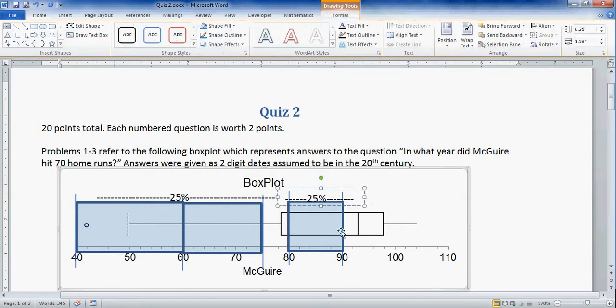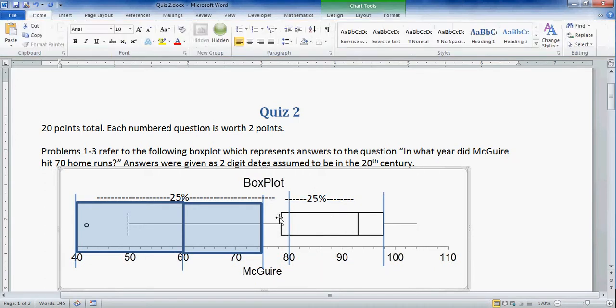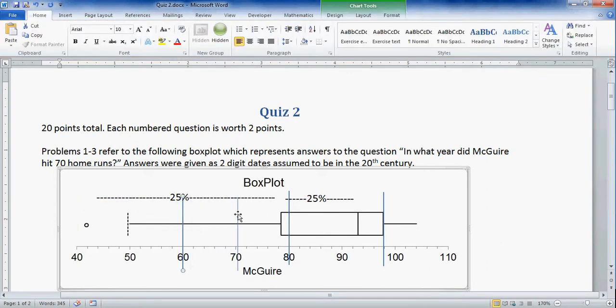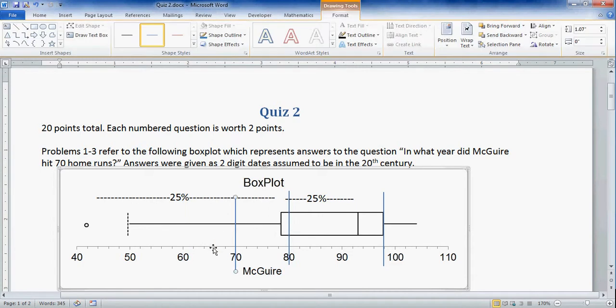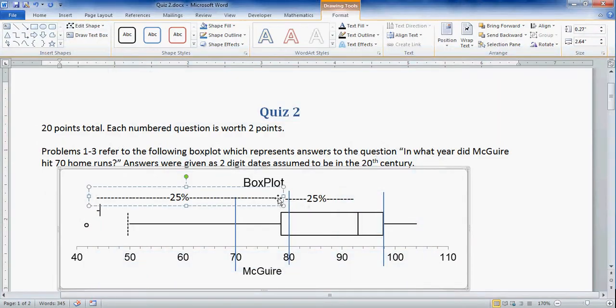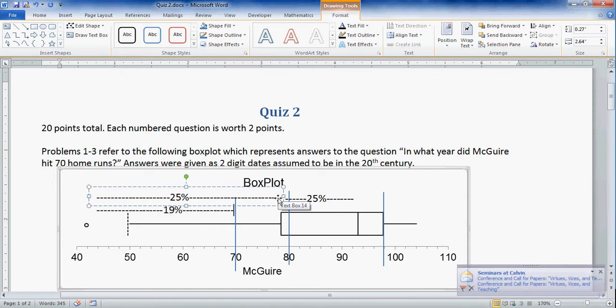Let me move this line over to 1998. There. Let's get rid of the rest of this. Okay. So what we're told is that 19% of the data is less than 1970.